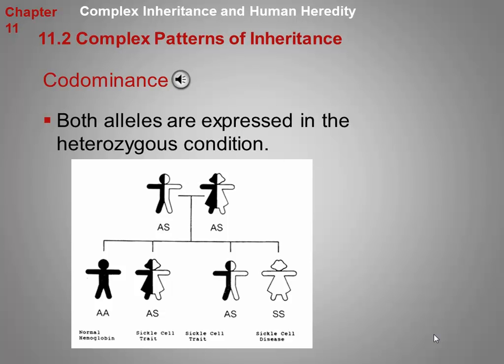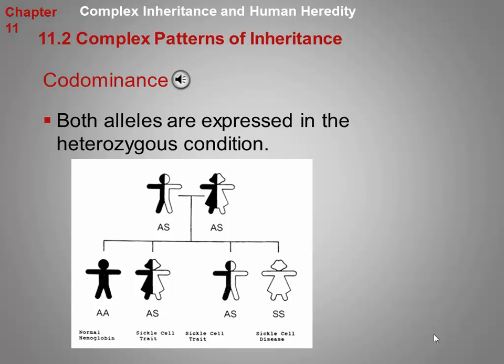So in this situation, the heterozygous condition means that both traits are expressed. One didn't dominate over the other. Both of them got expressed. So if they are a carrier for sickle cell disease, they have both the sickle cell red blood cells and the normal red blood cells. But they can typically lead normal lives because they have enough normal red blood cells.